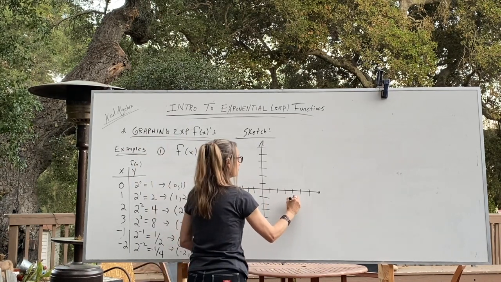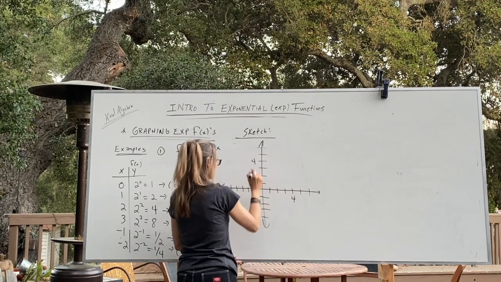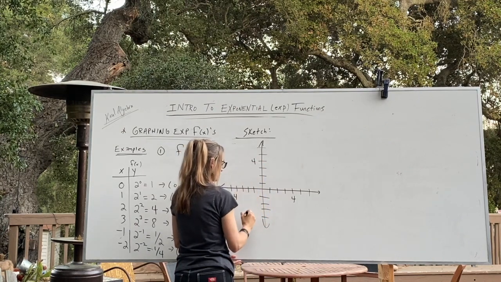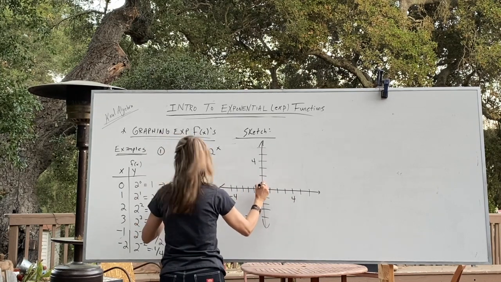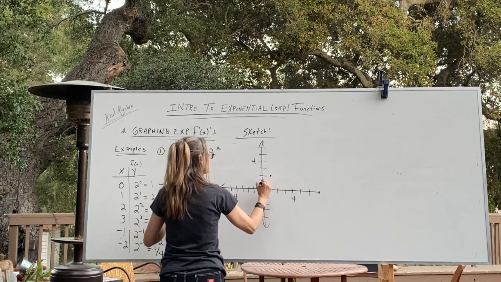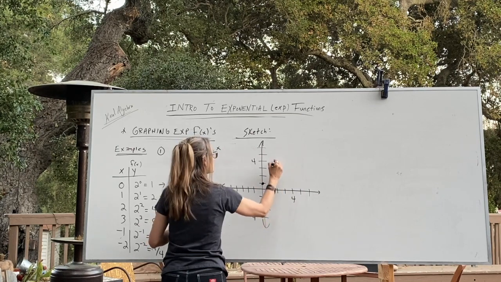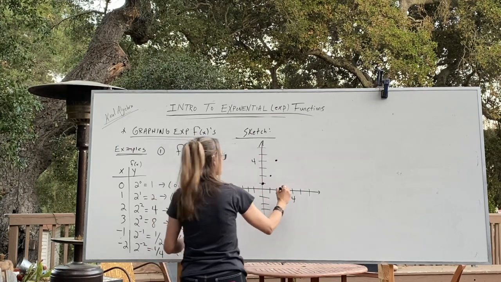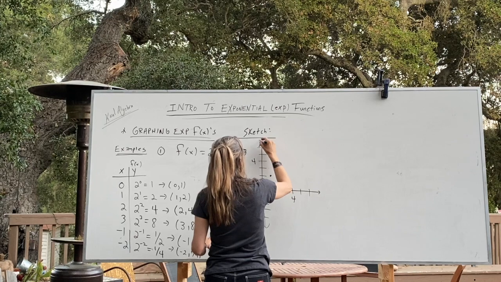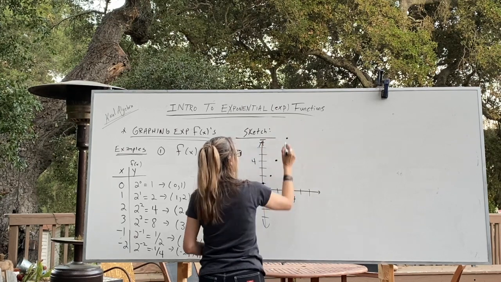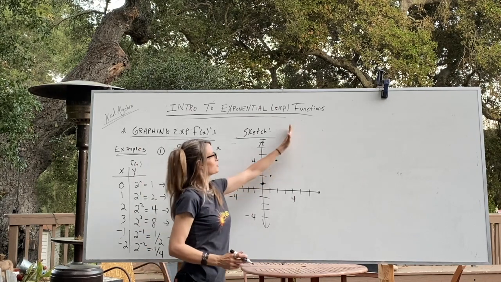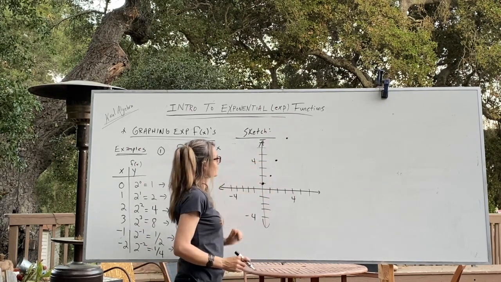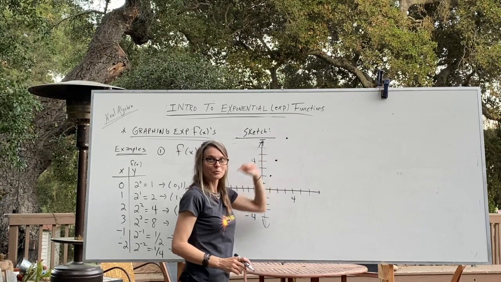Okay, so here I have 4, negative 4. Okay, so if I plot some of my ordered pairs, I have 0, 1, 1, 2, 2, 4, 3, 8. So you can see that I'm quickly running out of room up here. Okay, I have to extrapolate or extend my line upward exponentially.